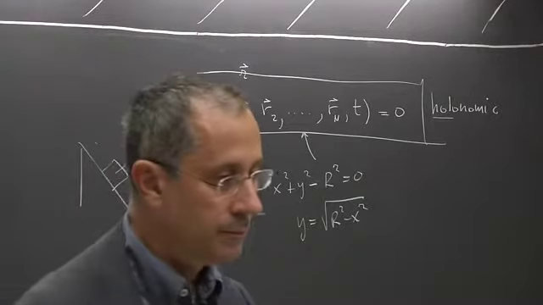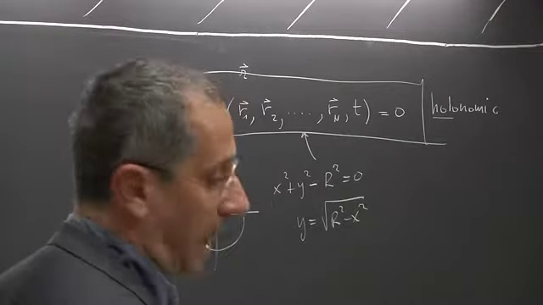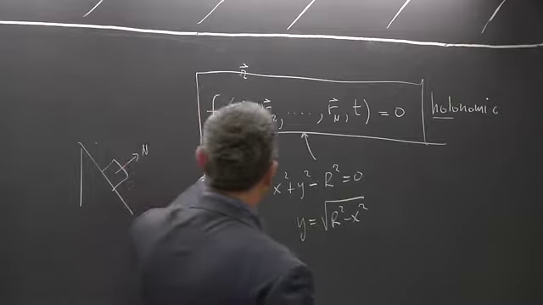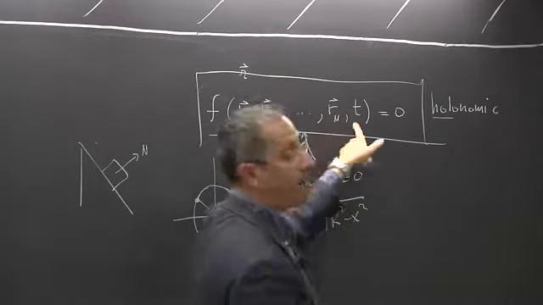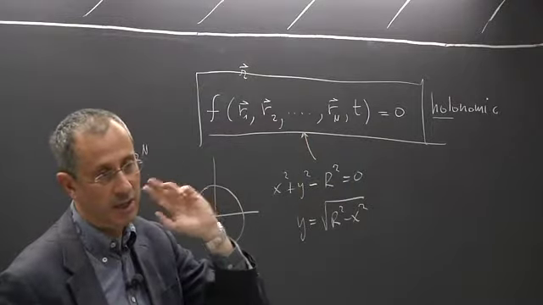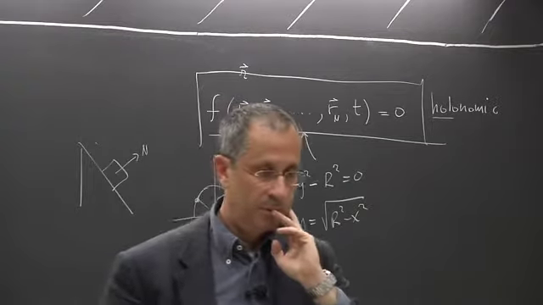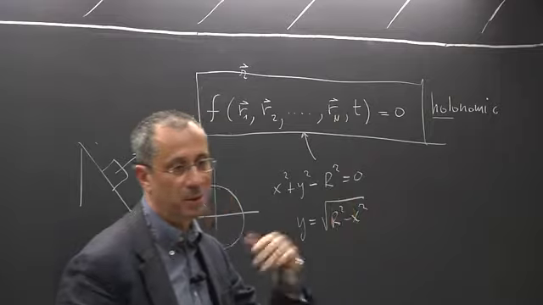What does t represent in that? Time. I'm assuming that this is an equation that depends on the particle's coordinates, but maybe also explicitly on time. In this special case there is no time.